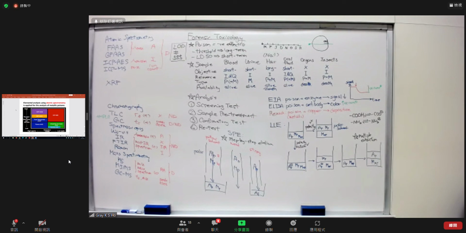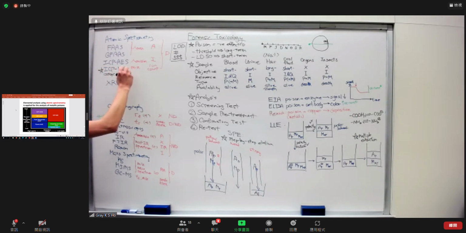Actually, with all the techniques you can measure heavy metal. When you have to use which one, there will be some guidelines for you to make the judgment. But there is one thing that you need to pay attention to: among all the techniques here, only the ICP-MS can give you the isotopic analysis.